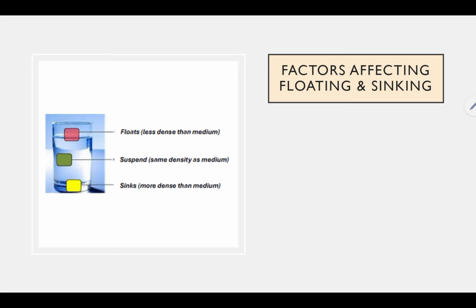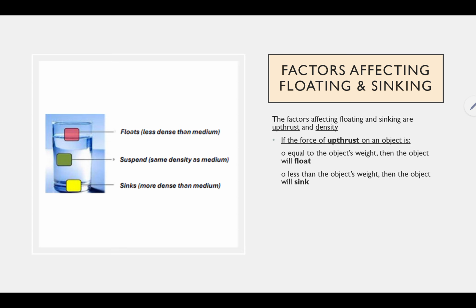Correct. Next and last part, we need to know the factors affecting floating and sinking. The factors affecting floating and sinking are upthrust and density. If the force of upthrust on an object is equal to the object's weight, then the object will float.